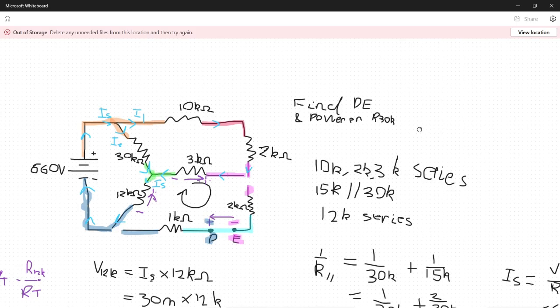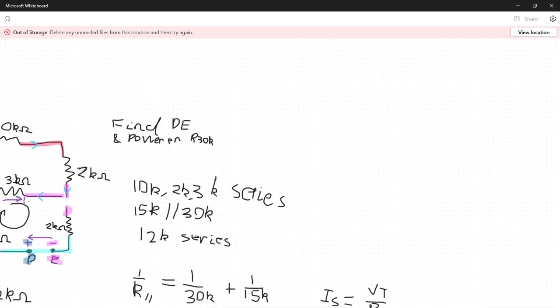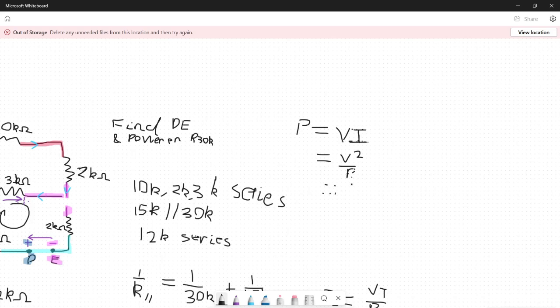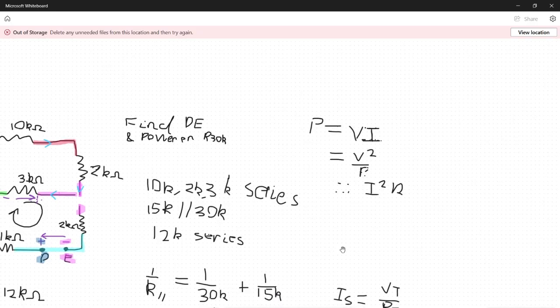So, power is equal to V times I, which is also equal to V squared over R, which is also equal to I squared R. And that's all just applying Ohm's law to get different formulas.